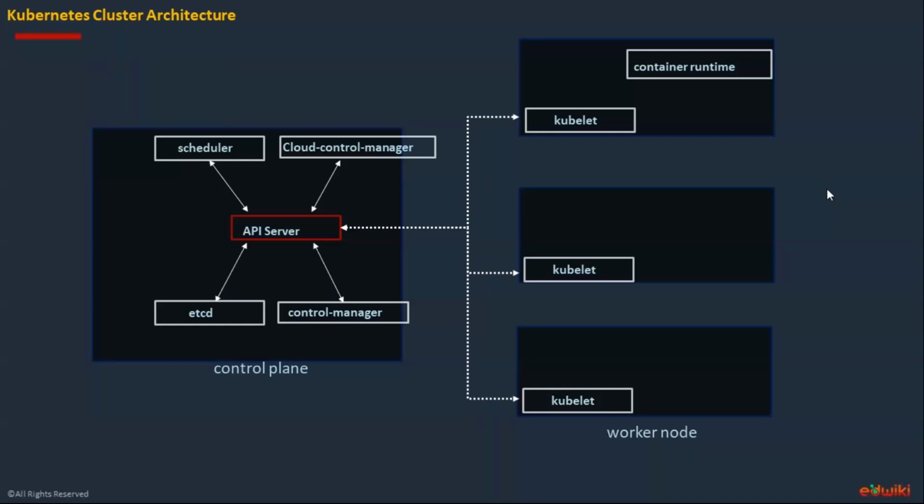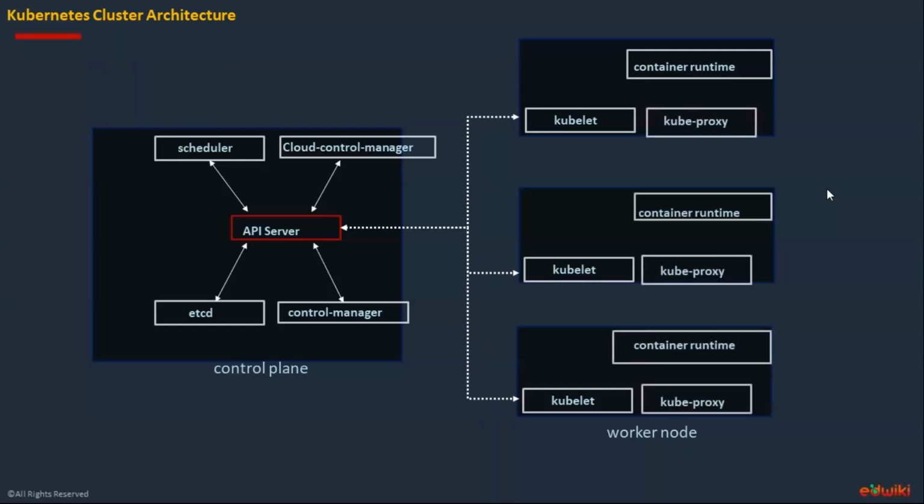So the container engine, like containerd, is responsible to create a container, right? So here the API server is telling the kubelet. The kubelet will go and talk to the container runtime. Whenever the kubelet says, hey, please create a container, then the container runtime will go and create the container for you.